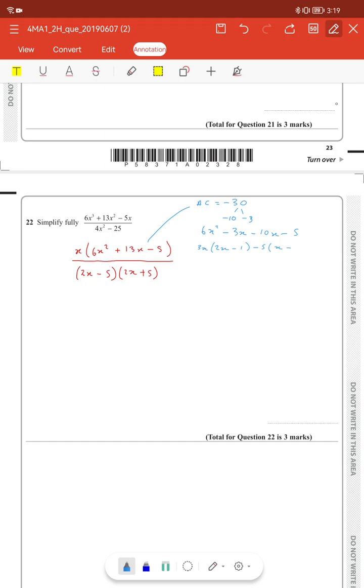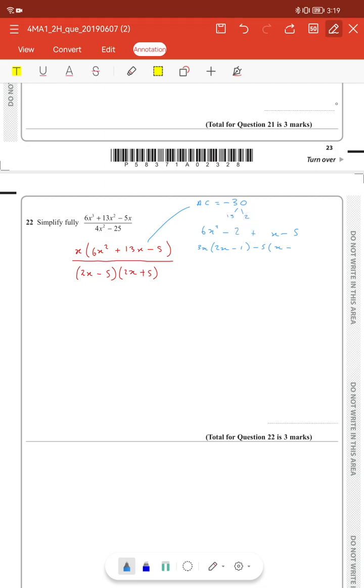It's plus 13, so the minus 30 would be 15 and 2. That's my mistake, which would be plus 15 and minus 2.